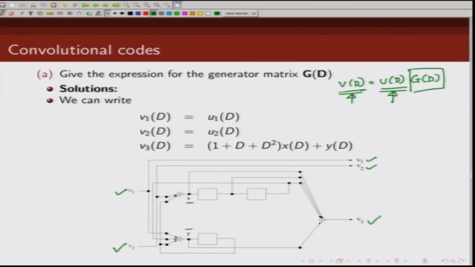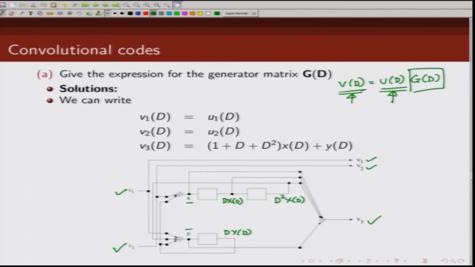Fine. We use some auxiliary variables x and y, which will help us find the contents here. If this is x(D), this term will be D times x(D), and this will be D squared times x(D). Similarly, if this is y, this term will be D times y(D). So, what is V1(D)? V1(D) is U1(D).